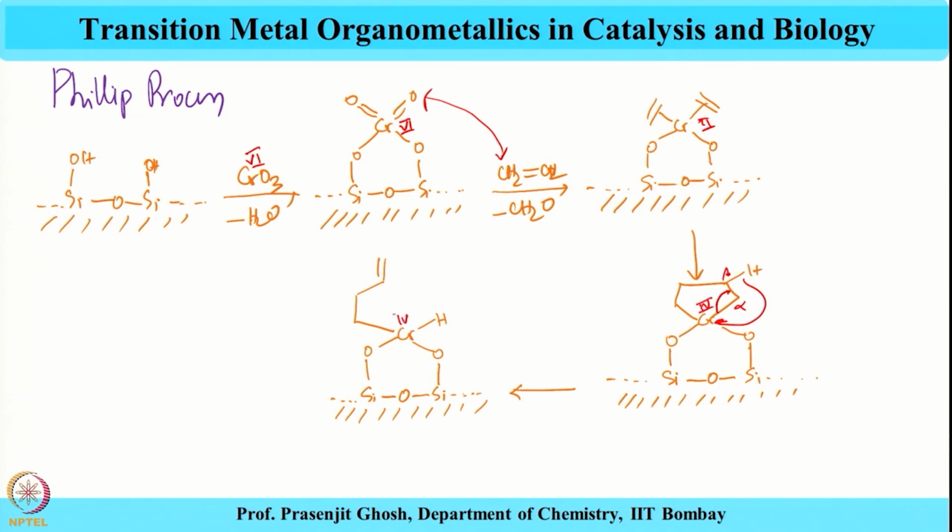Here also it is chromium 4 hydride olefinic species, and that gives, in presence of ethylene, it gives the following corresponding complex, as is shown here.